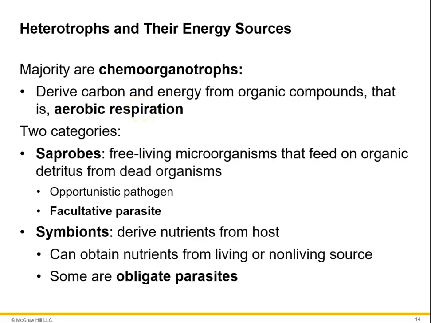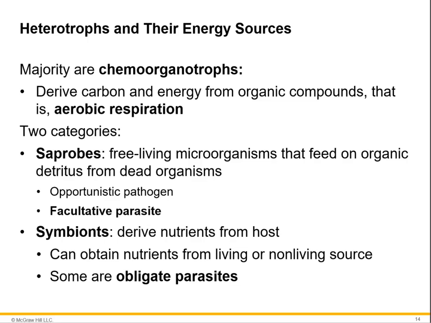Okay, more on heterotrophs, and we've got some more definitions here. You've got chemoorganotrophs. So these guys are going to derive carbon and energy from organic compounds. For example, starches, glucose, things like that, okay? This is going to be aerobic respiration. We'll talk more about that next chapter in detail.